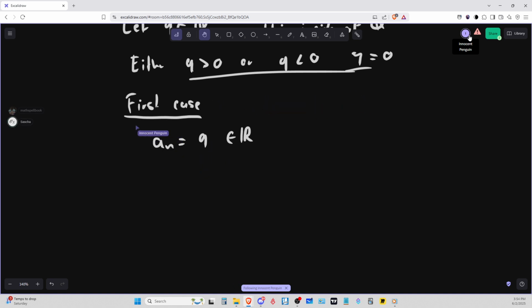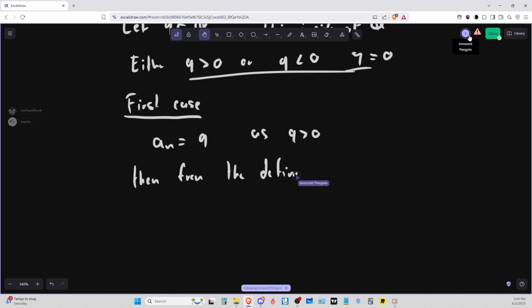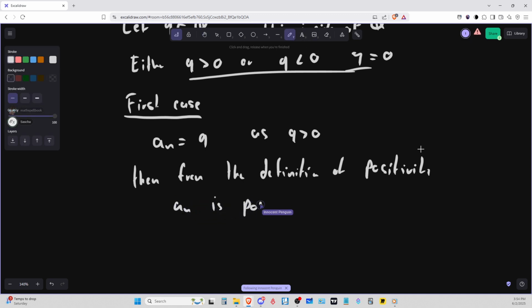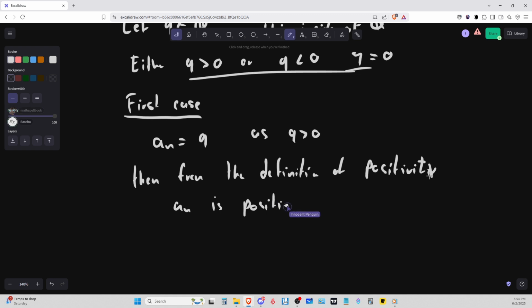So if we're in the first case where a_n is equal to q, as q is positive, then from the definition of positivity, we have that a_n is positive, because all the terms are positive.